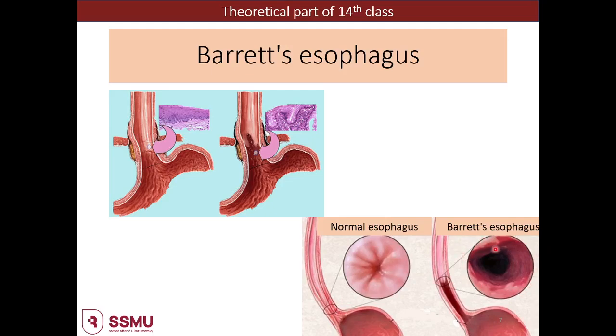Microscopically, it looks like really hyperemic areas with ulceration, and sometimes we may see malignization of this part, and it will lead to really difficult complications like formation of malignant tumors.